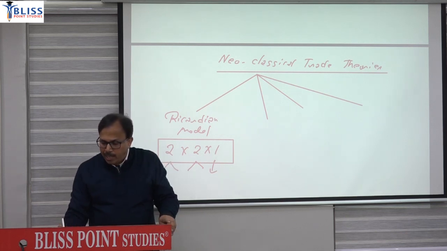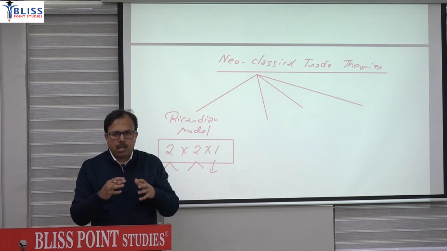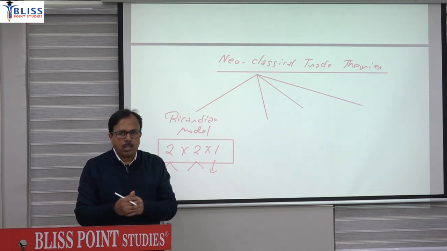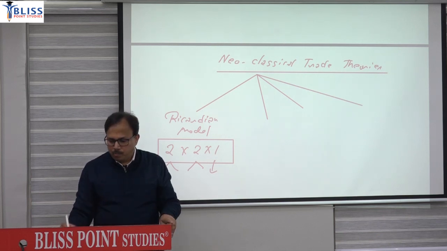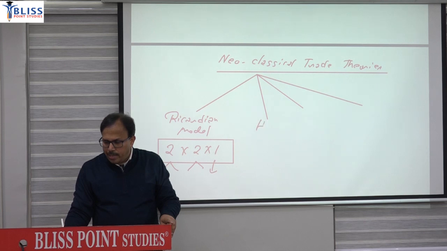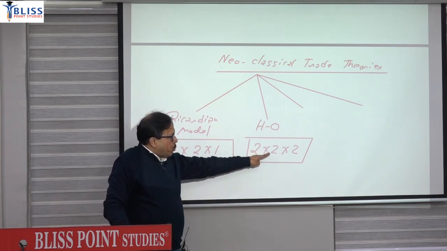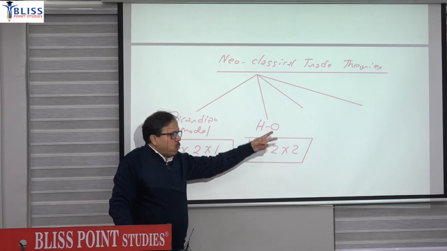When we move from the Ricardian model to the next, if you arrange it in terms of the factors of production, then next will be the Heckscher-Ohlin model, and then comes the specific factor model. So next will be the HO model, which is based on the assumption of a 2 by 2 by 2 model. 2 by 2 by 2 model refers to two countries producing two products, say cloth and food, by using two factors of production.